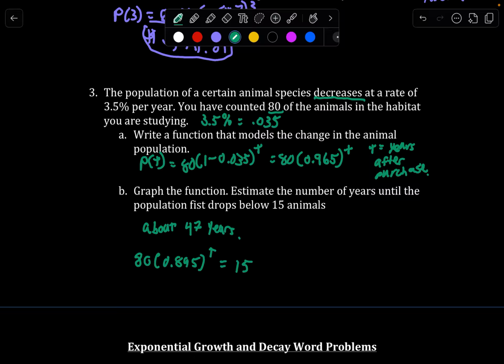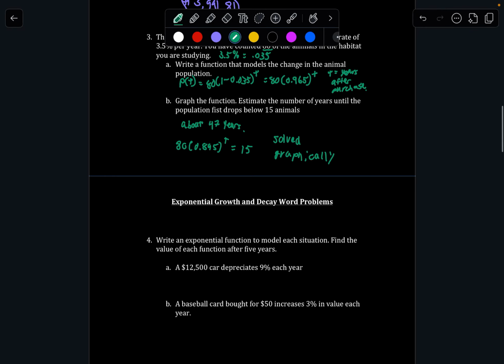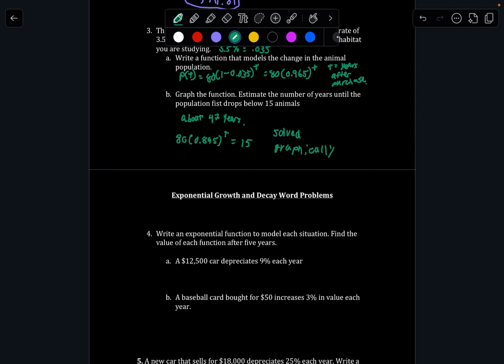We solved this graphically. We're going to learn how to do this algebraically after the quiz.